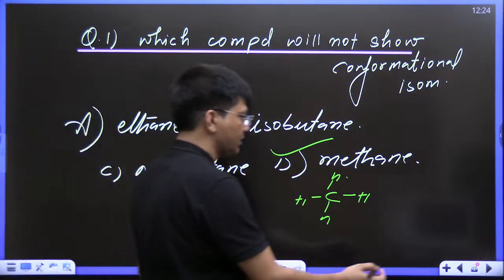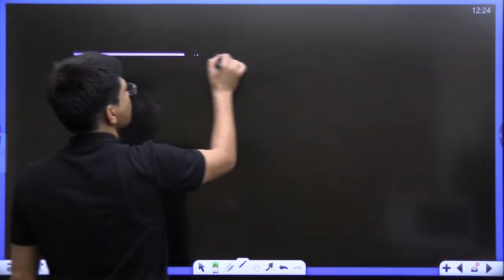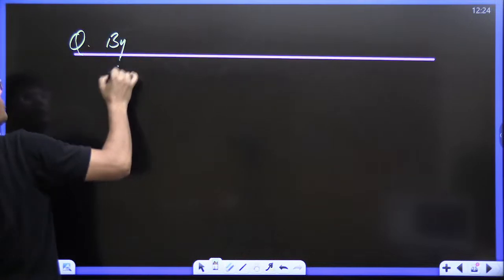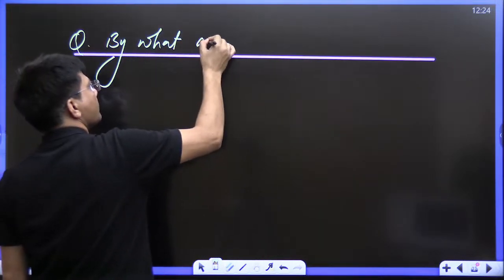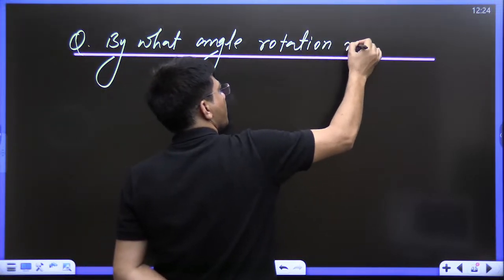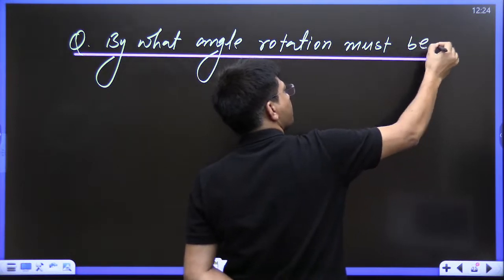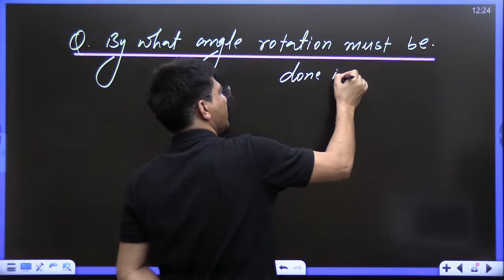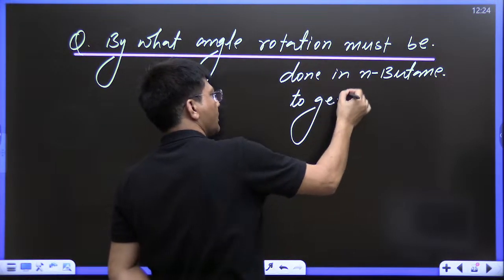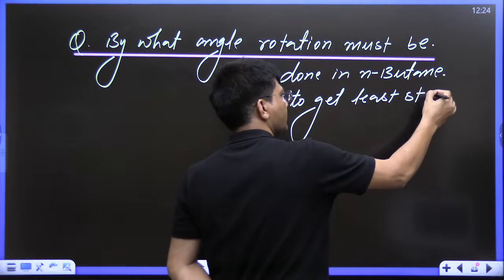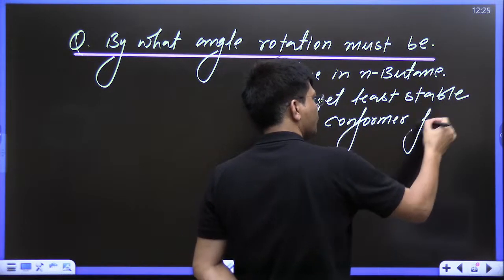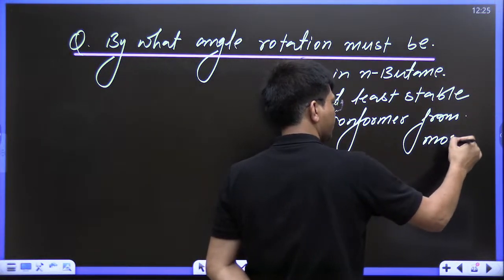So the next question is going to be a little bit tough. The question is, by what angle of rotation must be done in n-Butane to get the least stable conformer from the most stable.